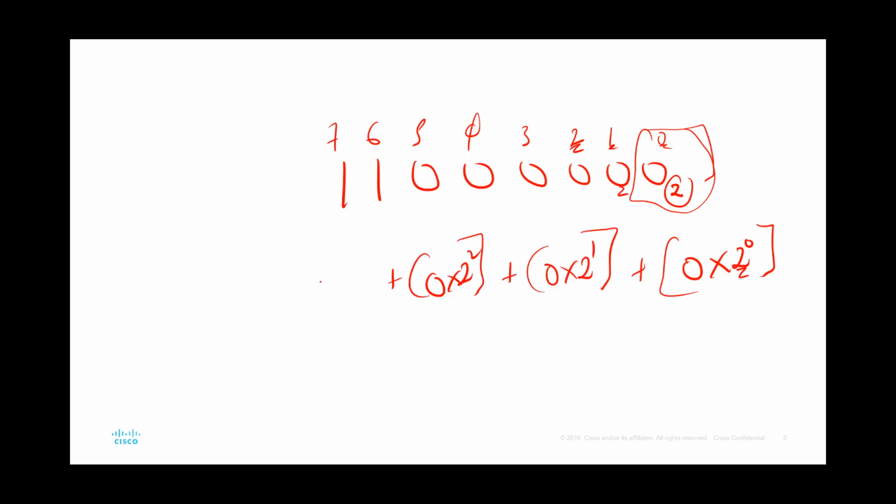Plus 0 multiplied by 2 raised to power 3, dealing with this one here. Plus 0 multiplied by 2 raised to power 4, is dealing with this one here. Then I can continue on the other side because of space. Plus 0 multiplied by 2 raised to power 5.